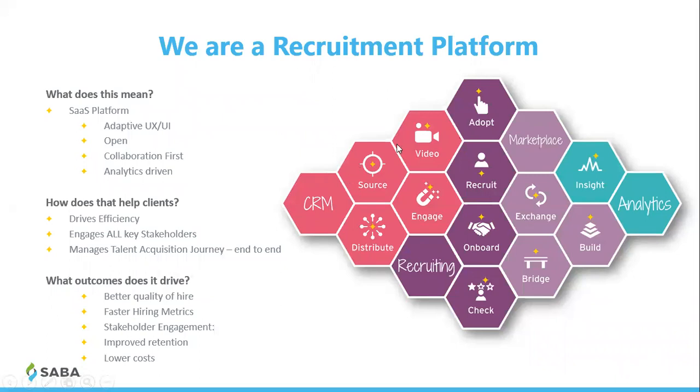Just to give a very quick overview, the key things that we typically sell to entry customers, after we understand their business requirements, would be the recruit piece, which is the key part where you manage all your candidates' applications. All the processing throughout the recruitment can be done under recruit. Then we have something called source.